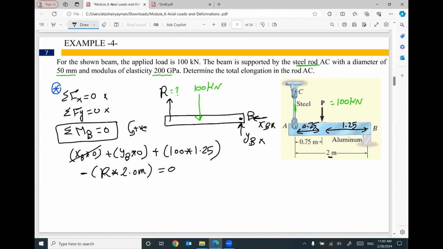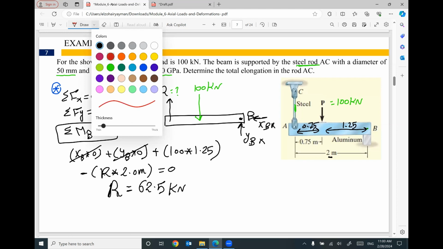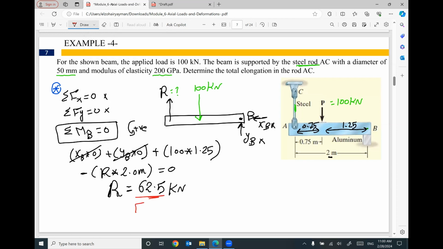The only unknown is R, so I can figure out the value of the reaction R. It will be 62.5 kilonewton. So this is the force in the steel rod.